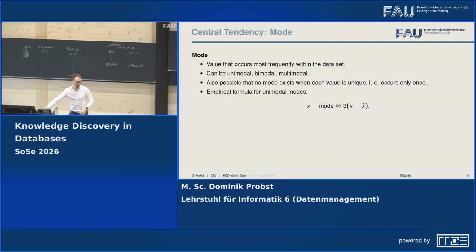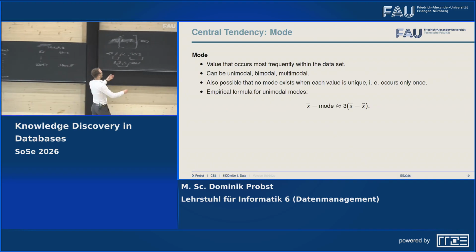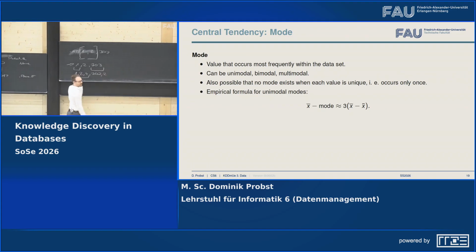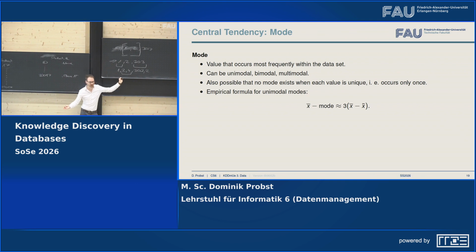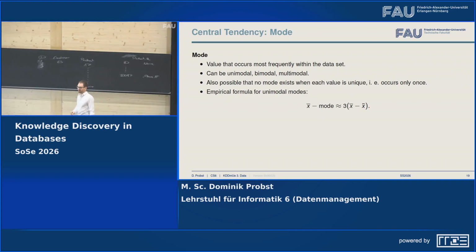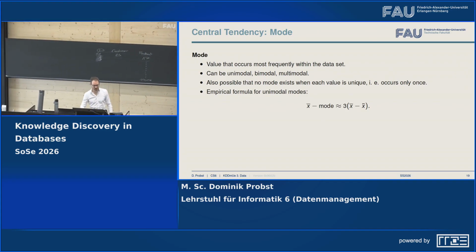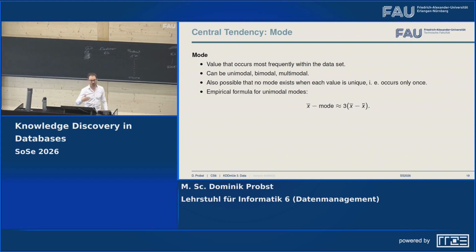If we now modify our data set to include the second 2, the second 2 makes the 2 the most often occurring data point, and therefore 2 would be the mode of the data set, or the attribute. There are different names for different quantities of modes.